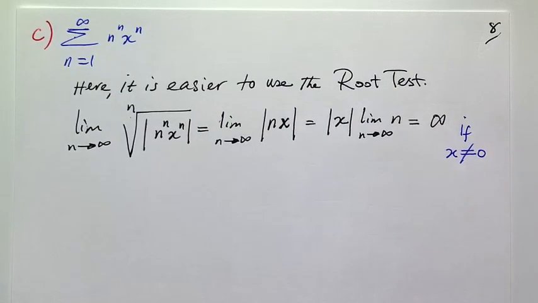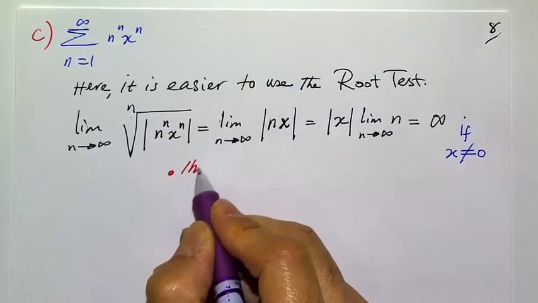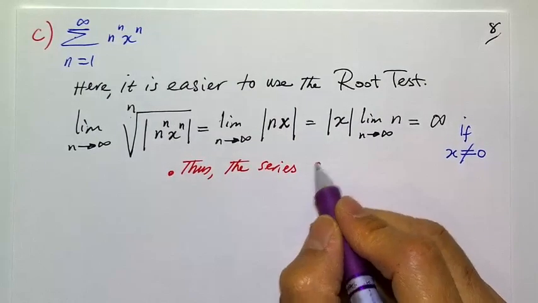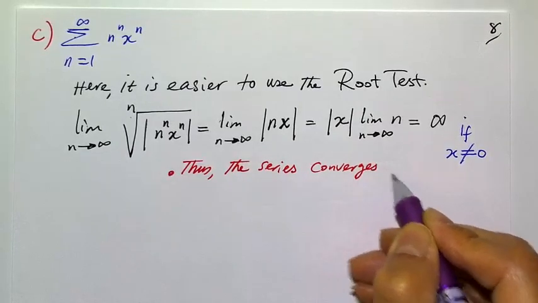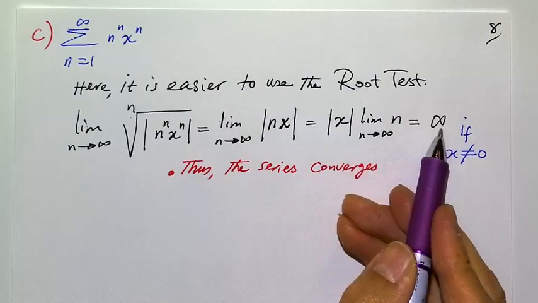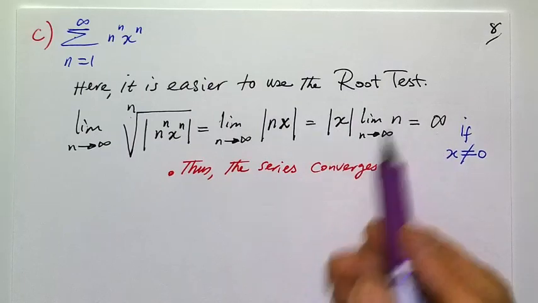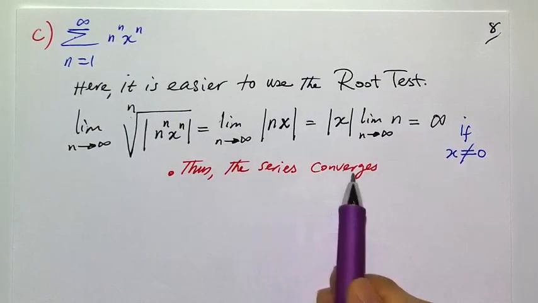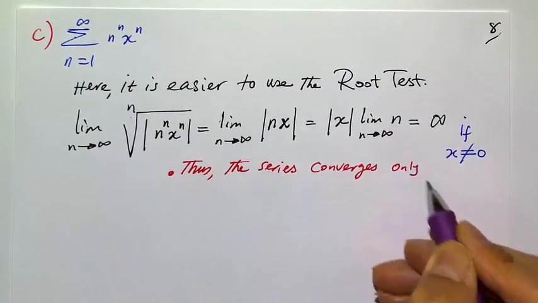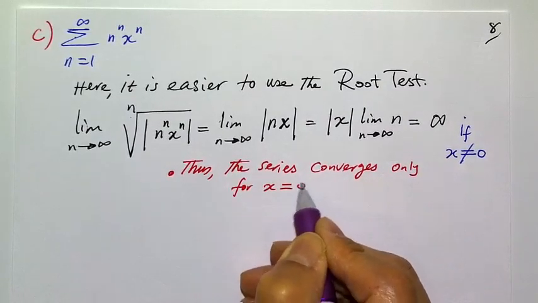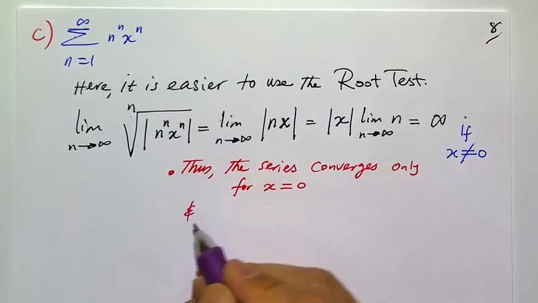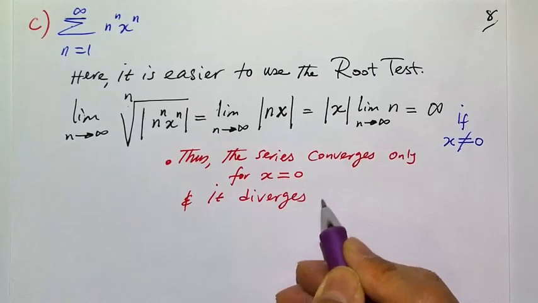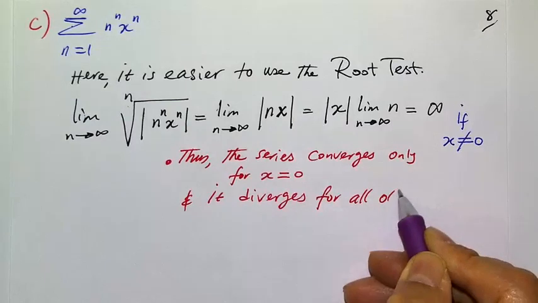So let me write that because this is very important. Thus, the series converges. If you substitute for x with 0, you won't get infinity, you will get 0. Everywhere else, the series diverges because of this result. The series converges only for x equals 0, and it diverges for all other x.